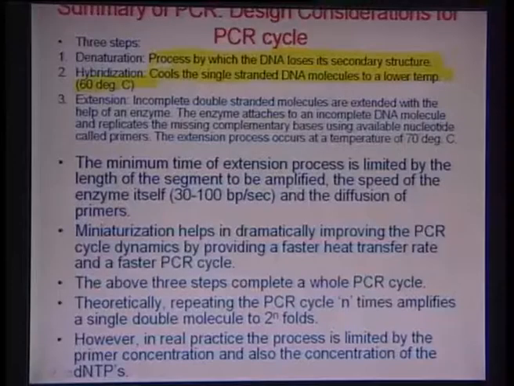Some design considerations for the PCR reaction itself: if you look at the time scales of the various cycles, the denaturation and the hybridization or annealing, the process is really rate limited by the way the enzyme is able to stitch the different base pairs and make a complete DNA strand.